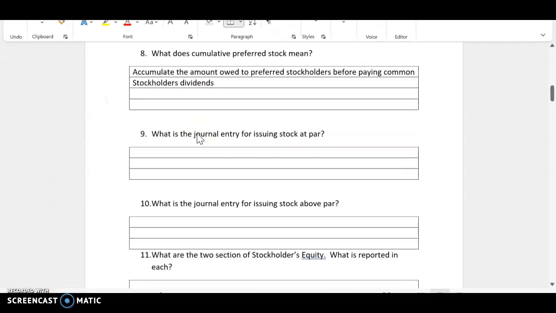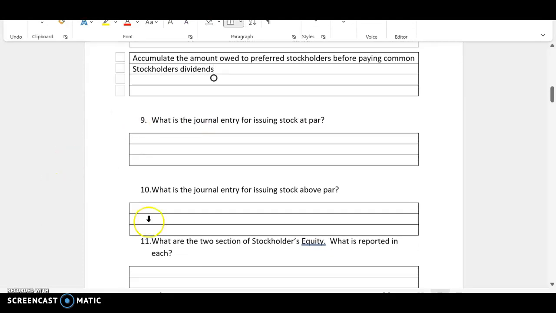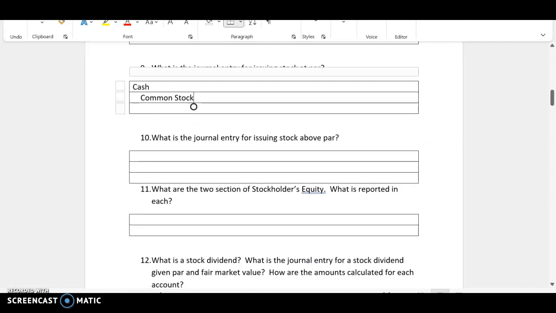Okay, what is the journal entry for issuing stock at par? Well, we issue stock because we want money, so we're going to debit cash. And then we issue stock, so we would credit common stock. We would issue preferred stock the same way, but instead of crediting common stock, we would credit preferred stock.